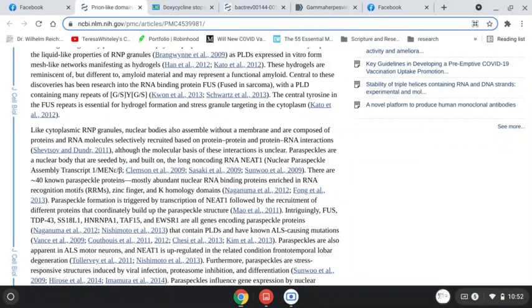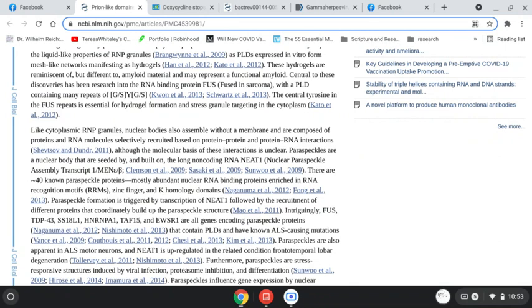Paraspeckle formation is triggered by transcription of NEAT1, followed by the recruitment of different proteins that coordinatingly build up the paraspeckle structure. Intriguingly, FUS, TDP43, SS18L1, HNRNPA1, TAF15, and EWSR1 are all genes encoding paraspeckle proteins that contain prion-like domains and have known ALS-causing mutations.